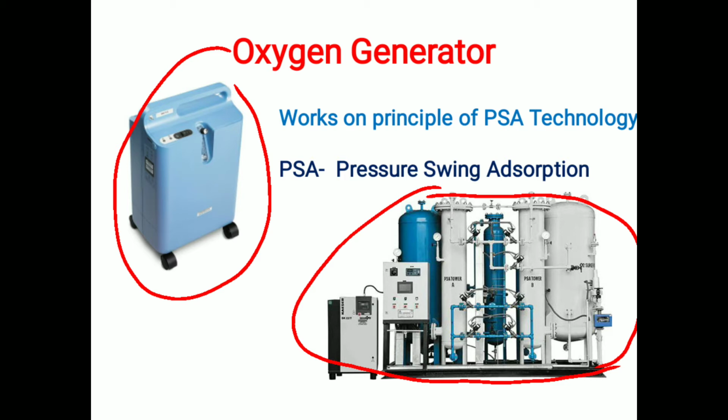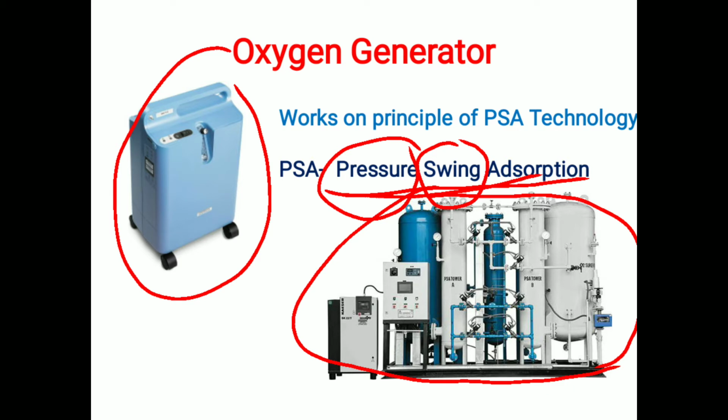Okay, so this is working on the pressure swing adsorption system. Here pressure means it is using pressurized air for generation of oxygen, and swing means interchangeability, it works on a cycle. It has two oxygen generators.